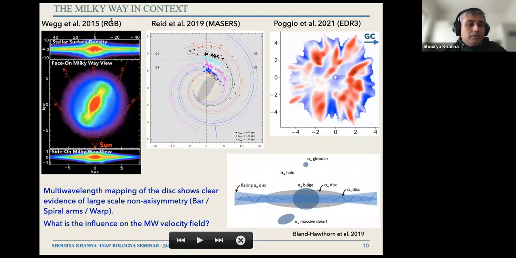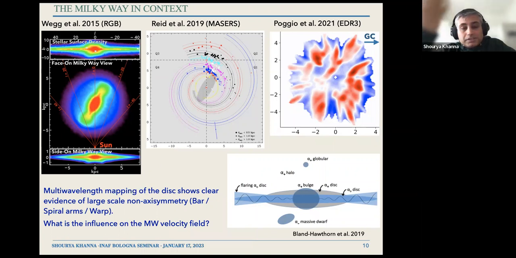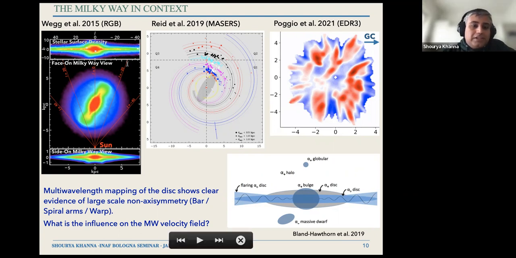So of course, thanks to all of these surveys, we have been observing various parts of the disk, various parts of the galaxy across wavelengths, and that has been really useful for us to try and put a picture together. So on the left-hand side here is a model of the interior parts of the galaxy based on surveys done with red clump stars, in the infrared, so that you can peer through the dust in that region.